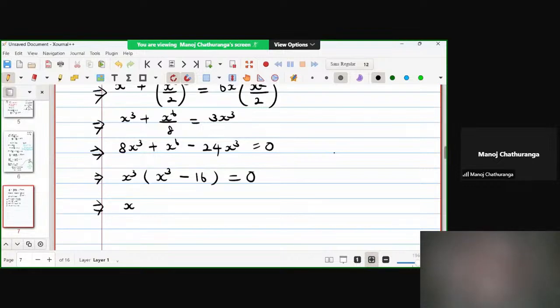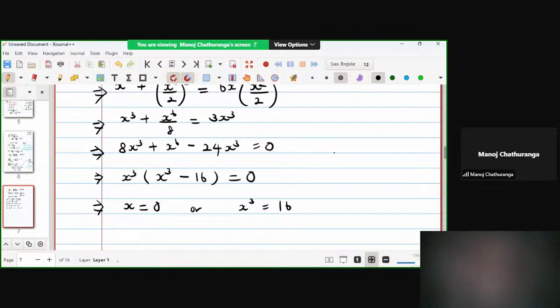So from the first factor, x to the third power equals 0. That means the only solution is x equals 0. Or the other factor gives you x to the third equals 16.